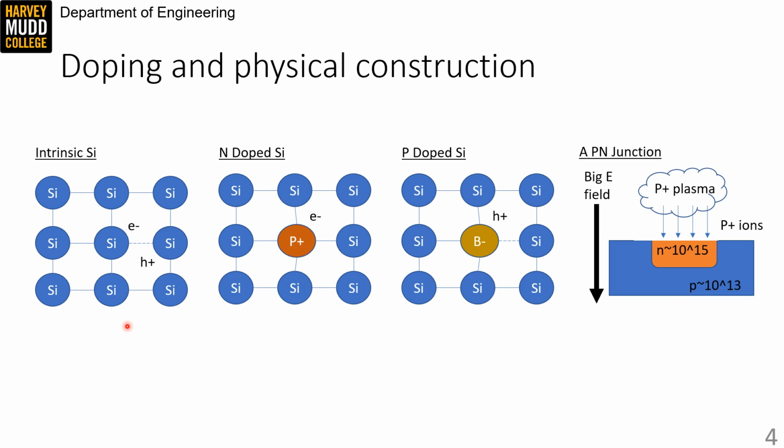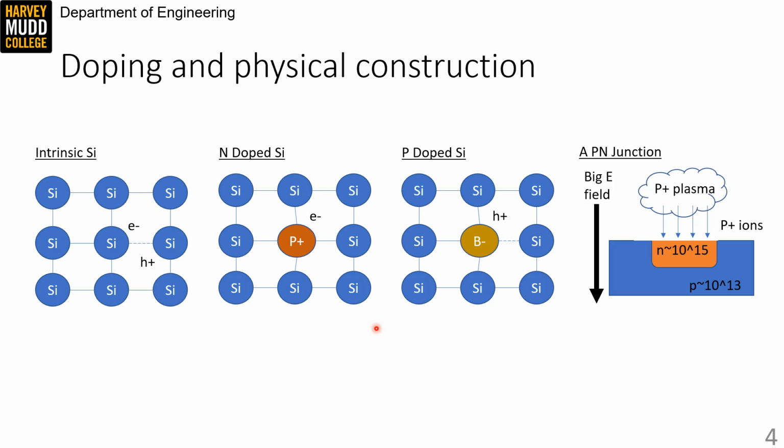However, it's possible to introduce additional carriers to silicon by doping it, which is the process of deliberately introducing impurities to change a material's behavior. For instance, injecting phosphorus atoms, which we see in this picture, into a silicon lattice will result in them displacing silicon atoms and leaving an extra free electron to roam around, because phosphorus has 5 valence electrons while silicon has 4.